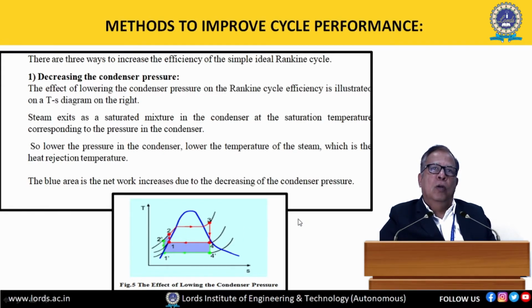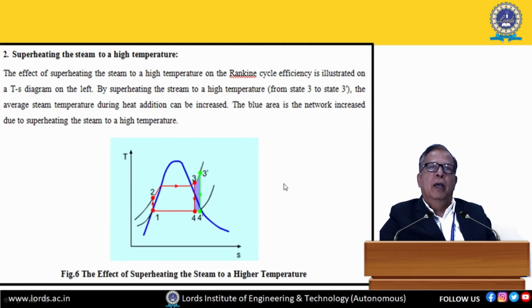Boilers for a power plant normally operate beyond 60 bar, 80 bar, 100 bar, depending on how they have been built. So by increasing the boiler pressure, you are able to increase the net work, right? Then this is a net work increase, and here this is a net work decrease.